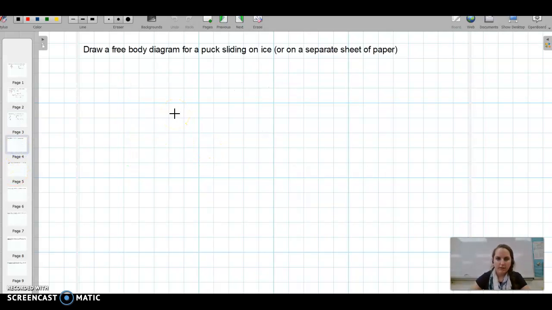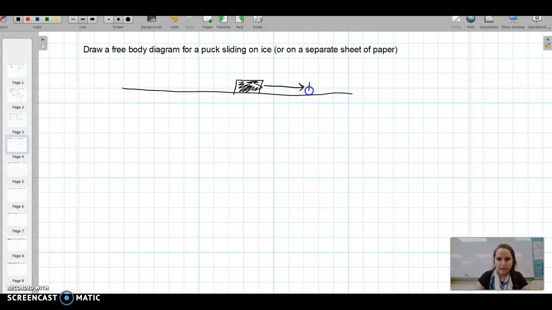So now we have a puck sliding across the ice, and this puck was already moving, and what did Galileo say? Well, he said that an object is going to continue in that motion until acted upon by non-zero net forces, right? So this puck is going across the ice, right? So what is slowing it down?